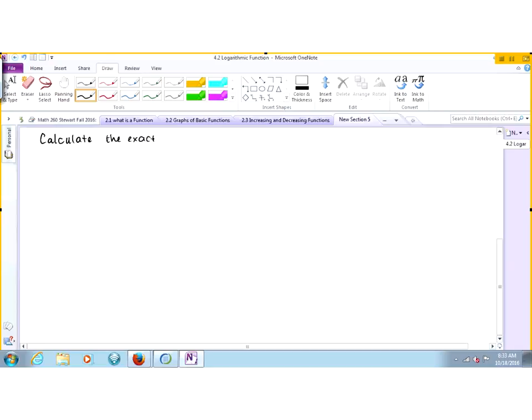So calculate the exact log. Number 1, what is log base 2 of 8?